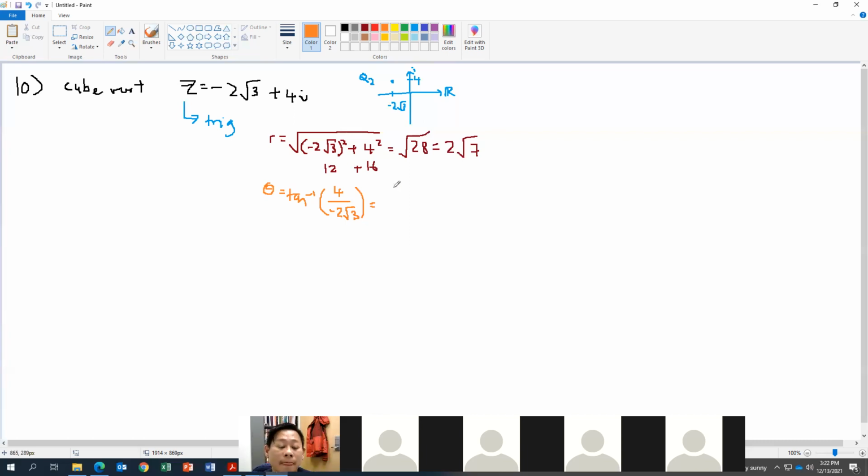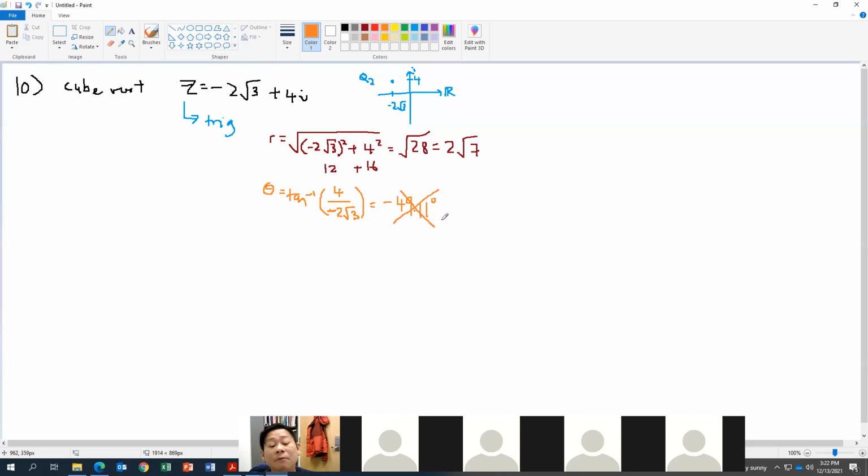Anyone? It is negative 49.11 degrees, or 49.12. I'm not picky about this one, but make sure you have a negative. If you don't have a negative, check your calculator, because maybe you forgot to put a negative on the 2√3.